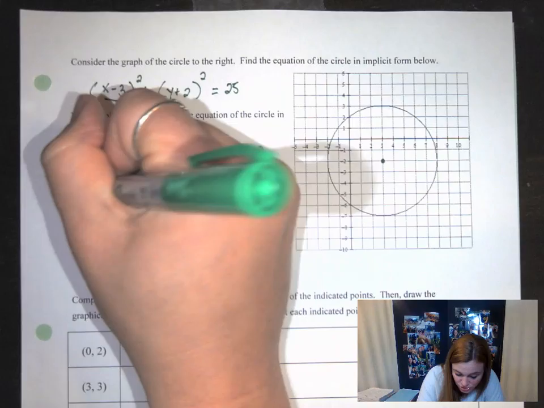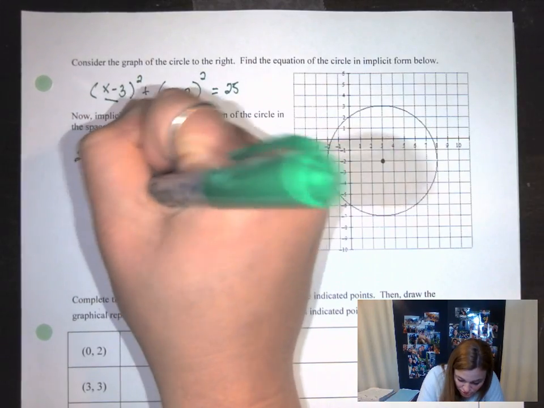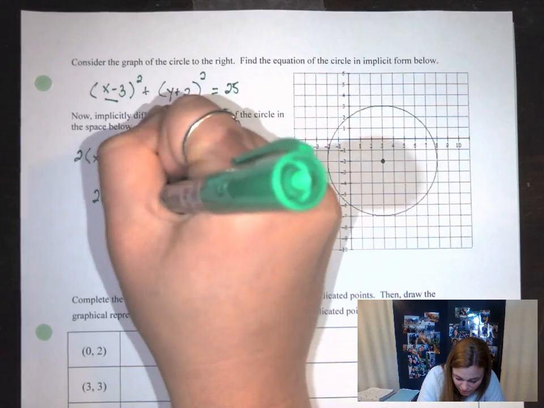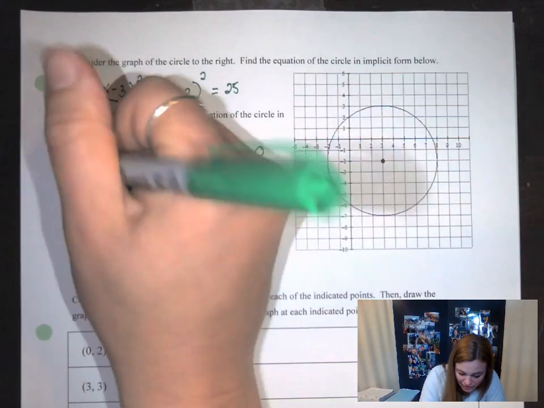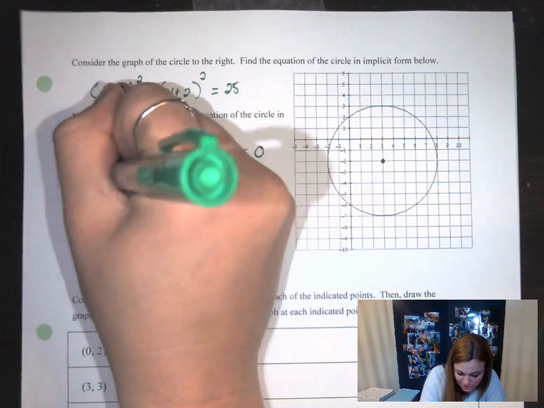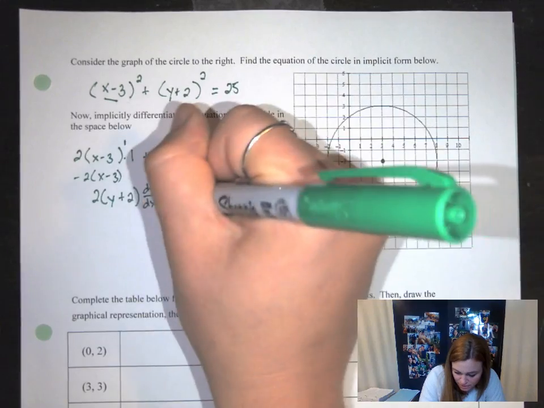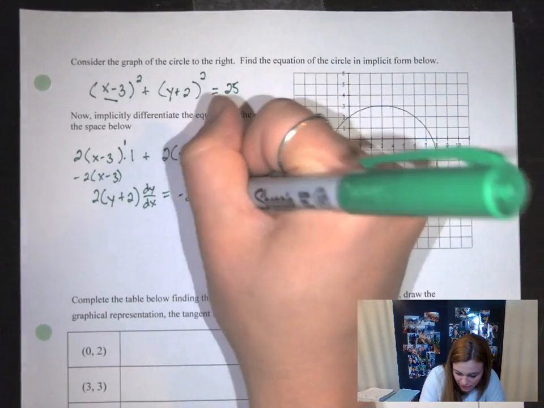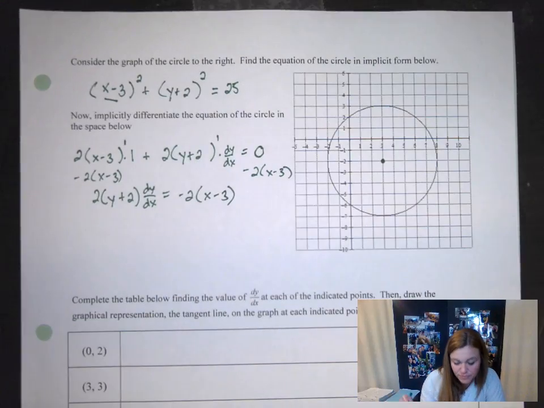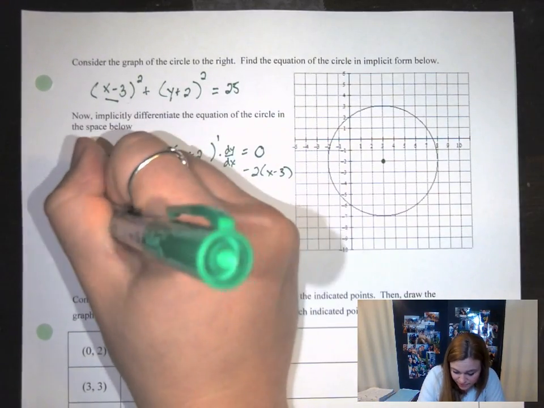So I'm going to say 2 times the quantity y plus 2 dy dx equals, and here I'm going to subtract this on both sides, negative 2 times quantity x minus 3. Divide.